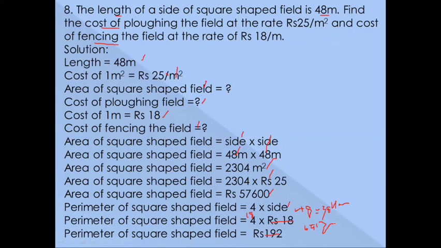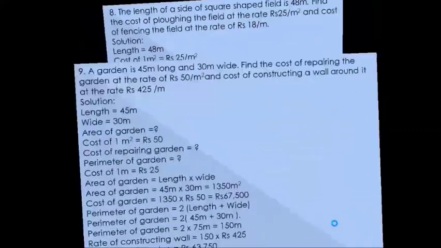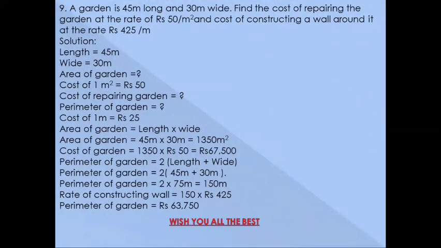Now we are in the last sum. The last sum is also of the same nature. A garden. Here we have also the same way. We will find the area of the rectangle and perimeter of the rectangle. So here a garden is 45 meters long and 30 meters wide.